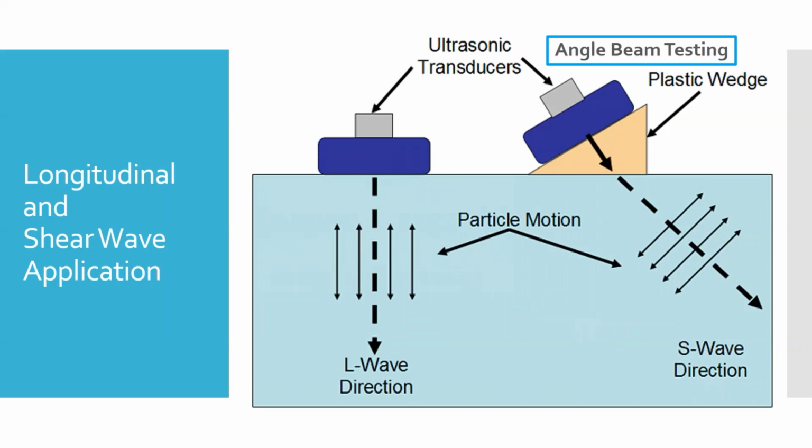But this is showing, when we looked at waves, we talked about longitudinal waves versus shear waves and how we use them in the two different directions. So on the left here is a reflection test, or what they call pulse echo testing.